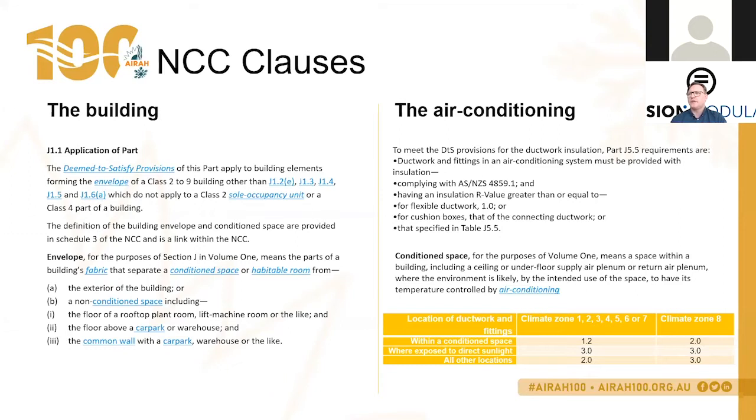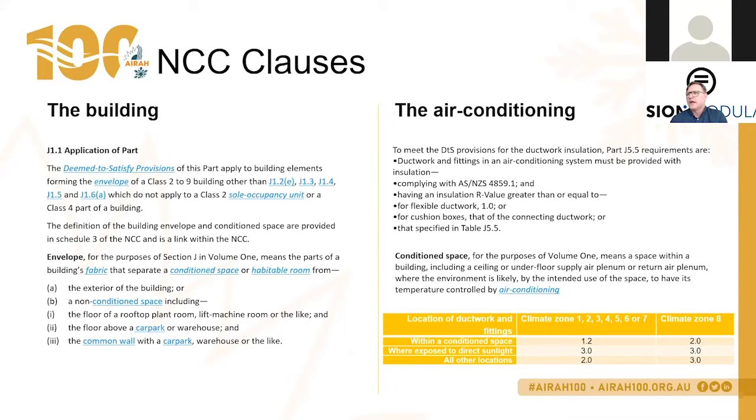And we have to have an insulation R value greater than or equal to, for flexible duct, an R1, and for the cushion head box that connects to any ductwork, the same as the ductwork. So this is simplified from previous codes. It is just R1. So all flex ductwork is R1, irrespective of where it is located, whether it's in a conditioned space or a non-conditioned space.